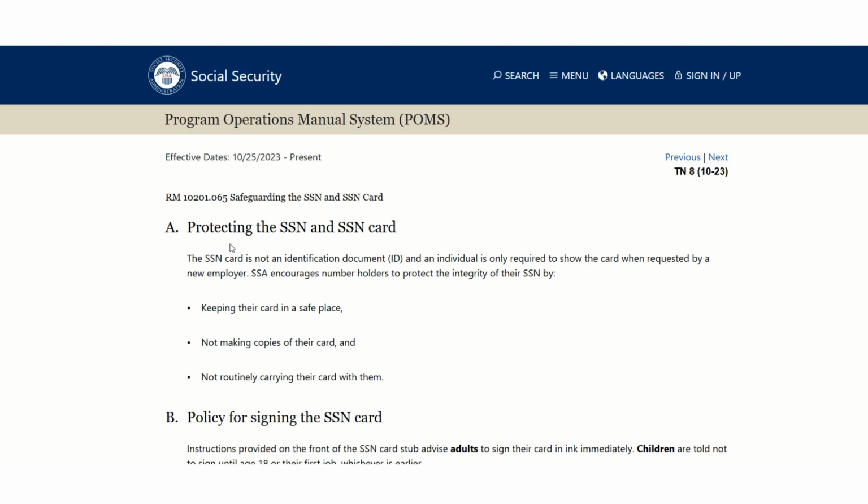The Social Security number card is not an identification document, and the individual is only required to show the card when requested by a new employer. Now, under the tax law, we know that we don't have employers. I'm going to do a video on that and help you understand why we don't have employers and why we are not employees. All right.